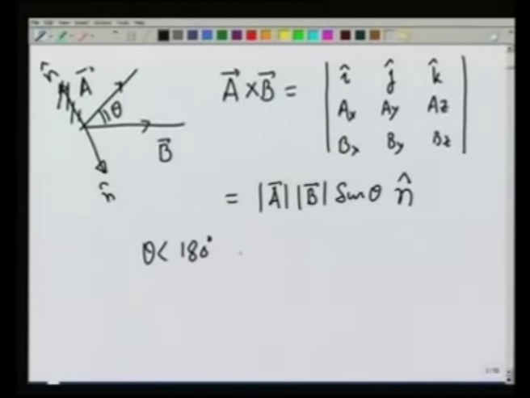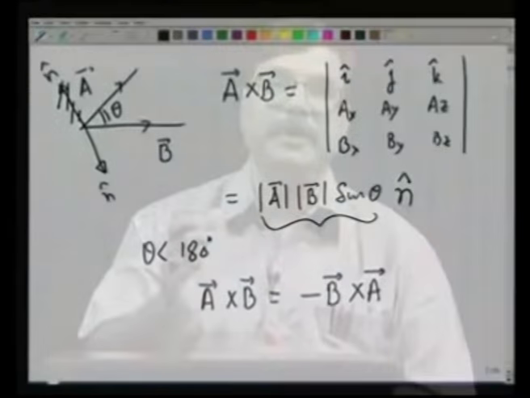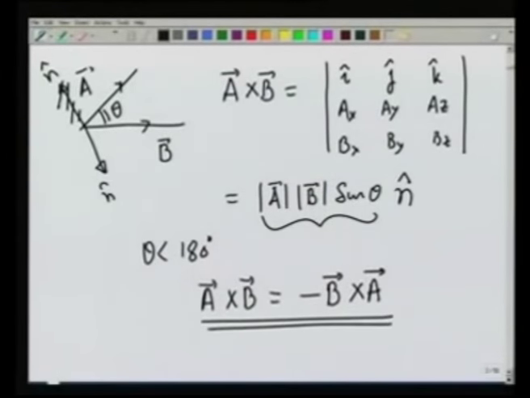You can see that A cross B is going to be equal to minus B cross A, because the magnitude will remain the same, but the direction of n would change, because now you will be turning B towards A. This is also clear from the components if you look at them carefully. So, this is how the cross product works.